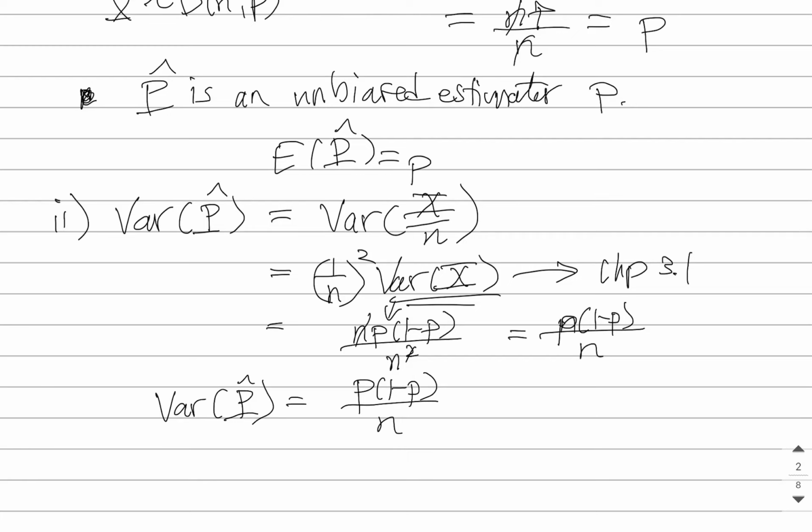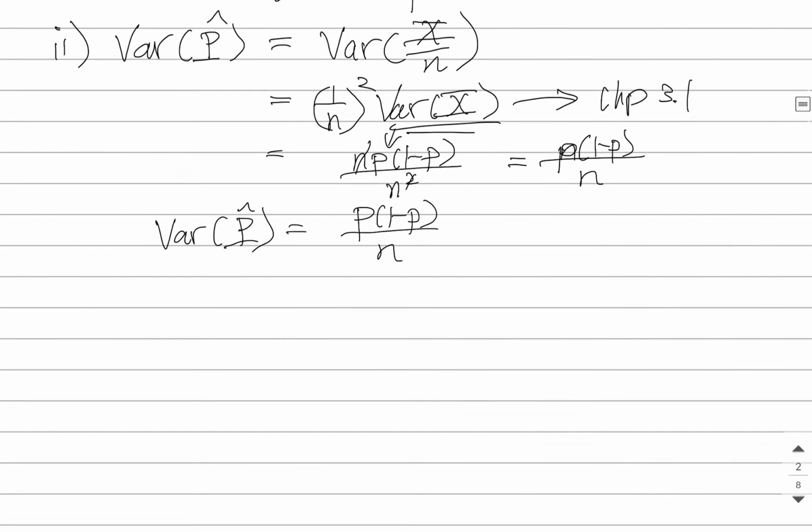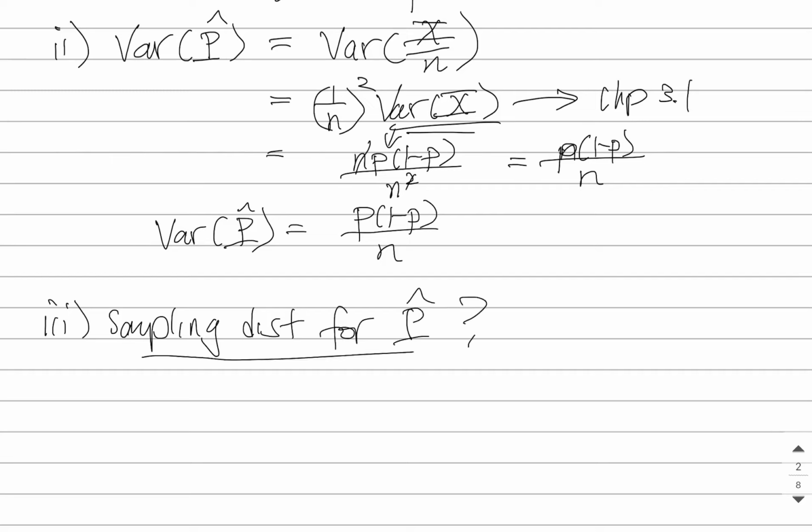That's important because in the third step here, we need to determine the sampling distribution for this p hat. So what is the sampling distribution for this estimator p hat? Now, this depends on essentially what we've got here. Note, the underlying distribution for our sample and for our population here is binomial.